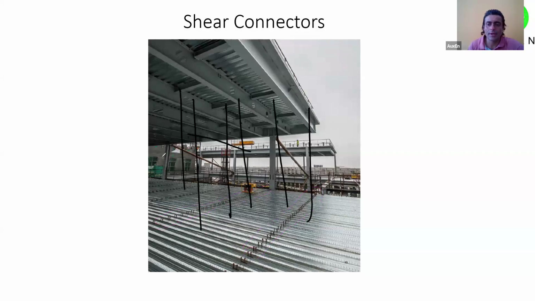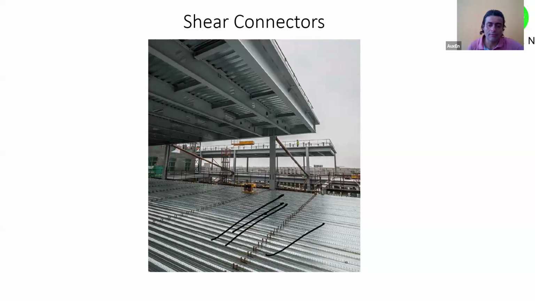No formwork required because the deck slab, this profile deck sheet, is itself acting as a formwork, and it is also acting as a bottom reinforcement, tension reinforcement. So now you will do the concreting, and once the concrete hardens, then it will act as a composite system. Clear to everyone?